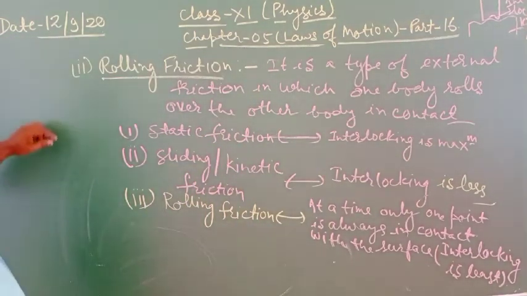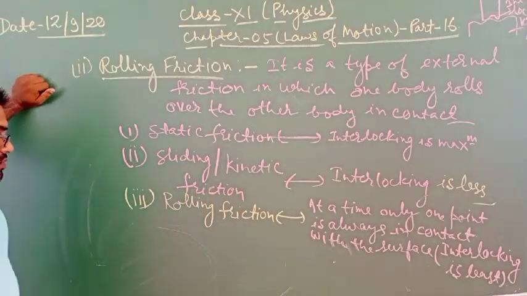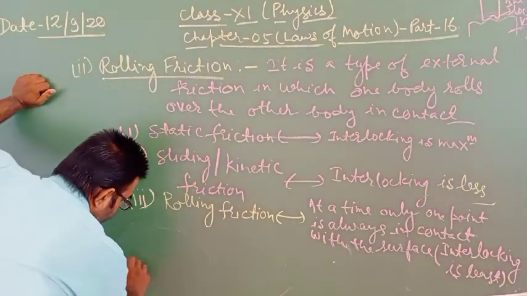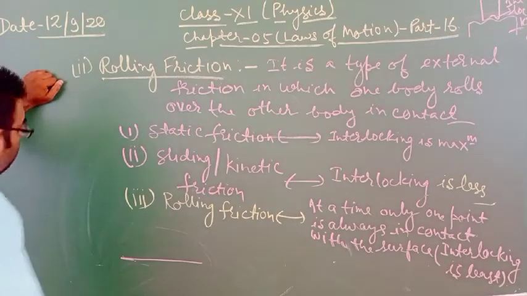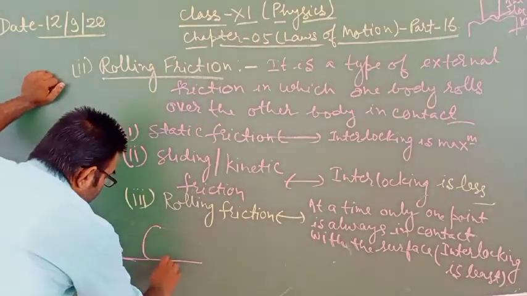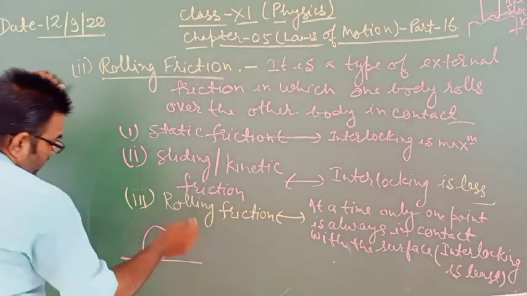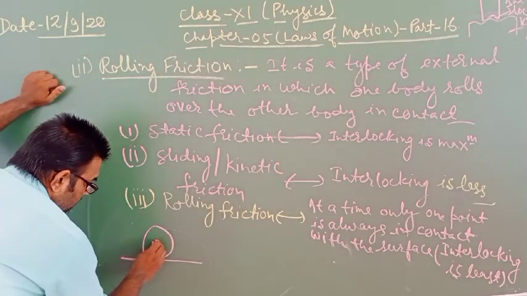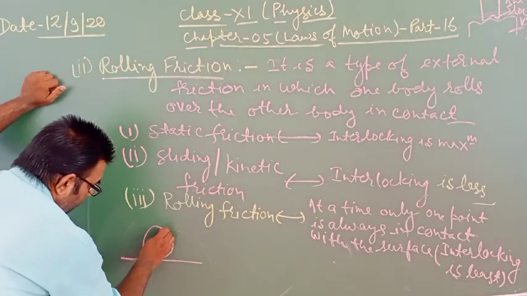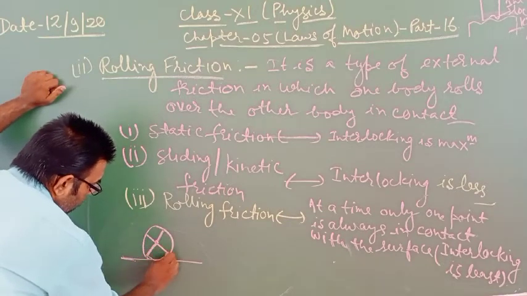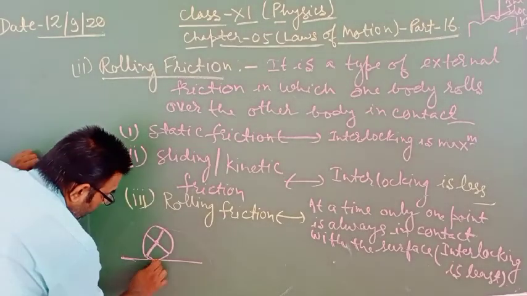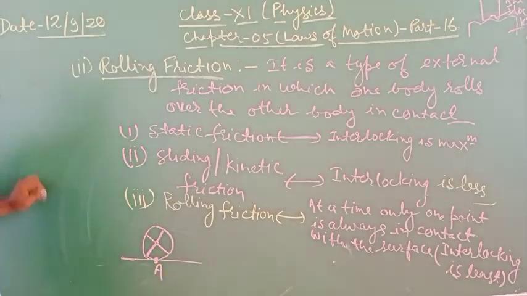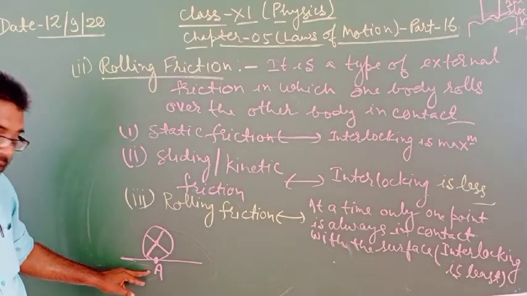Interlocking is least. It means to say that suppose we are talking about a wheel, and this wheel is in contact with the rough surface, then at a time only this point A is in contact with the rough surface.